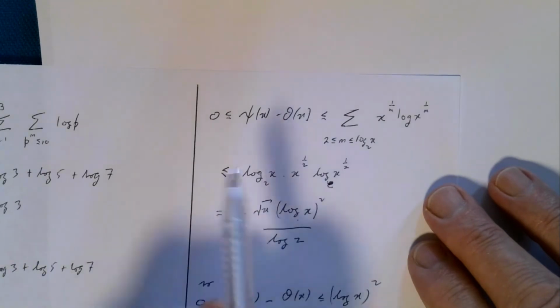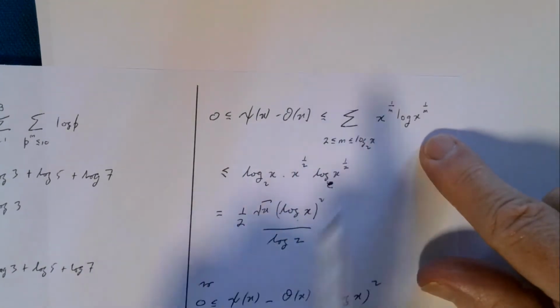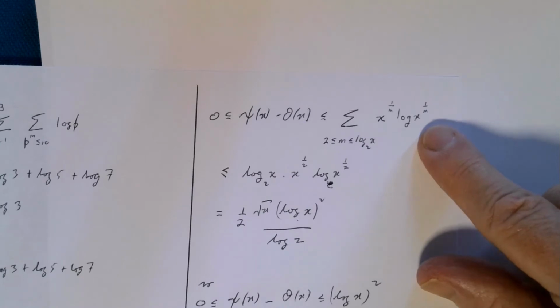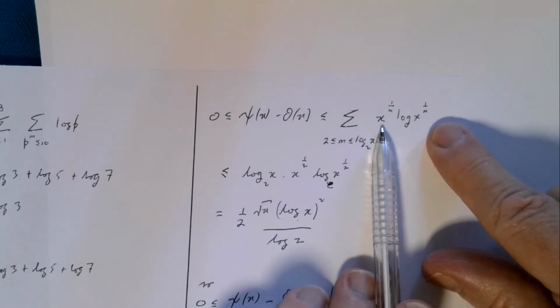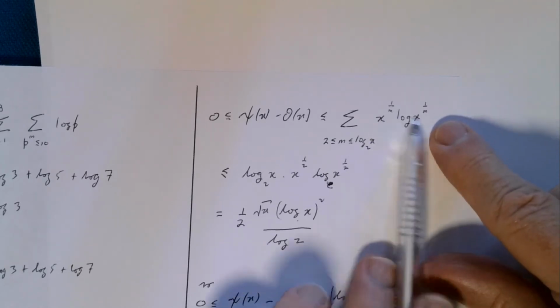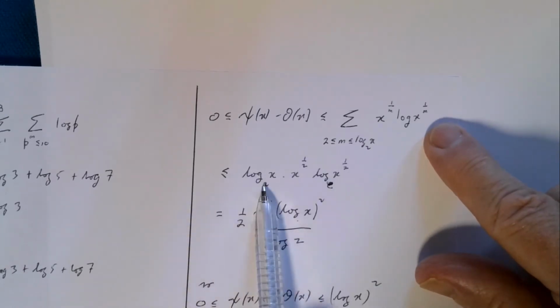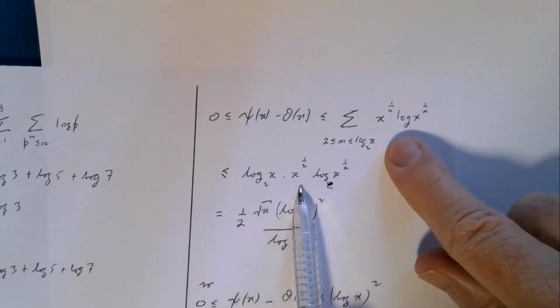We then have this difference between the two is less or equal to that from the previous line, where we're just replacing theta of x with x log x. So x log x to the power of 1 over m gives me this. And then this is independent of the sum, so I can just say this is equal to log 2. There are going to be log 2 terms roughly, multiplied by each of these.